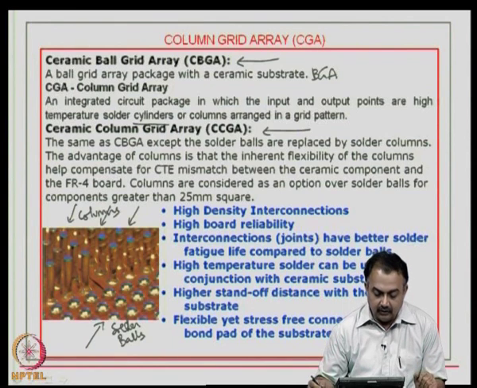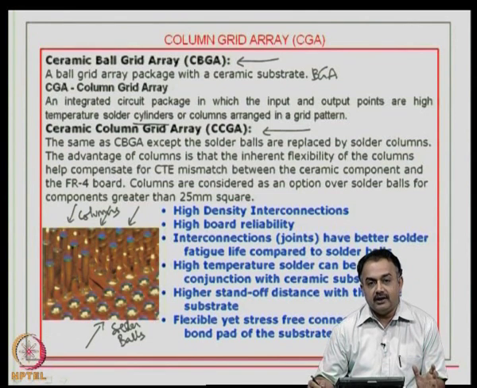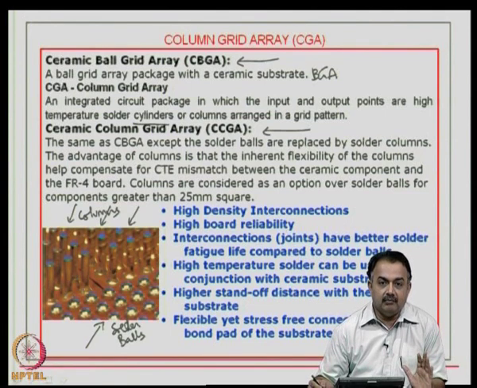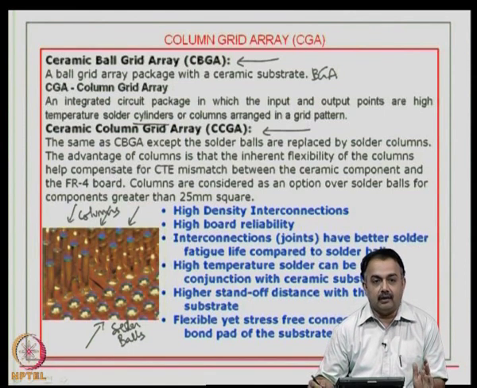So, a ceramic column grid array is the same as a CBGA, except that the balls are replaced by solder columns. The advantage of using columns is that it could be used in cases or in applications where you need help to compensate for the CTE mismatch between the substrate, okay, and the ceramic component.